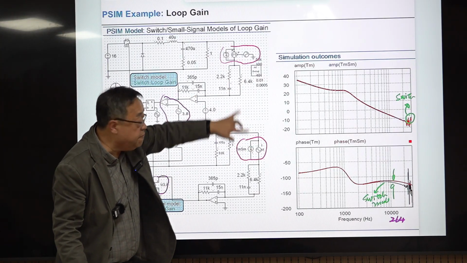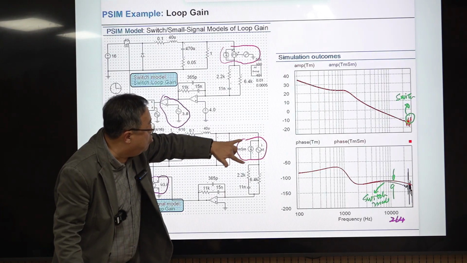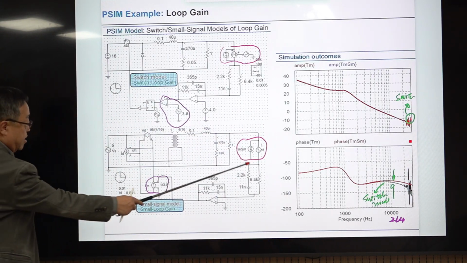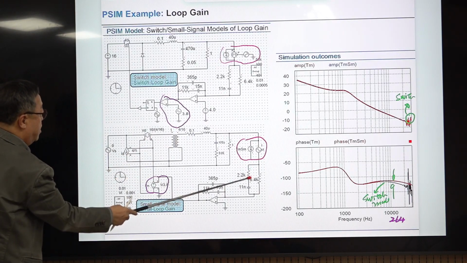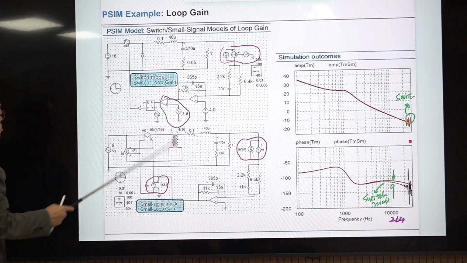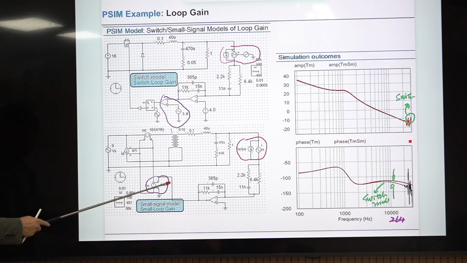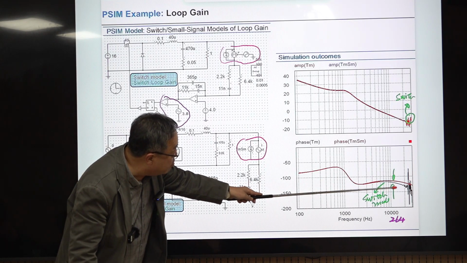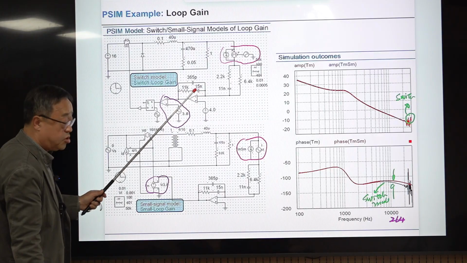You don't need this. This is AC, and you are measuring the voltage here and here, which is the loop gain, and this is the same. The compensation remains the same, but this becomes just 1 divided by 3.8. This is the modulator gain. This is the linear gain, so we cannot see any second order effect of the PWM modulator, like the additional phase delay which showed up in this computational model.